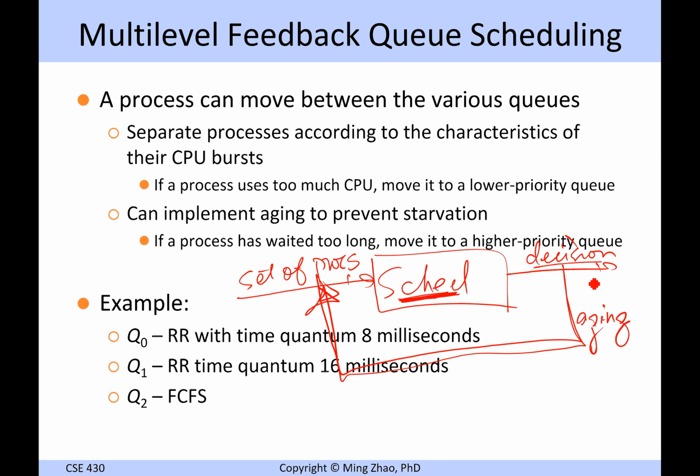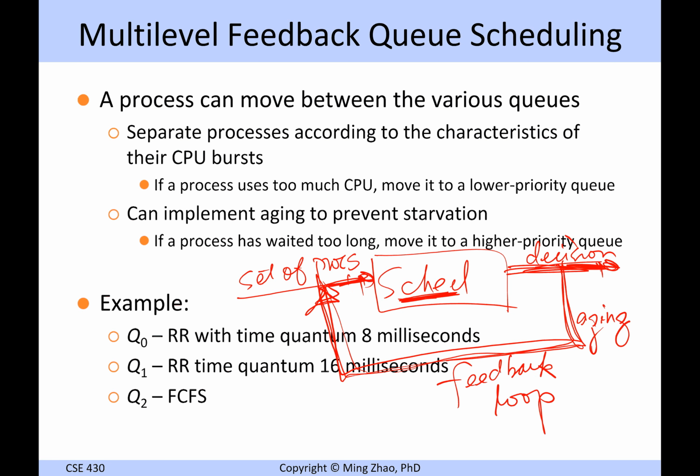That's how the decision affects the placement of the processes in the queues, and that will then affect the next scheduling decision. Does that make sense? So that's why we say we have a feedback loop here.